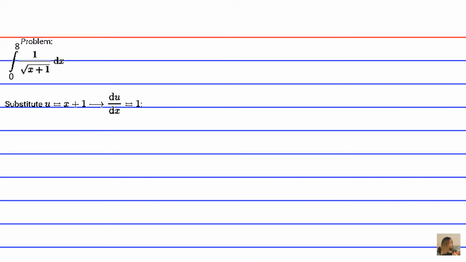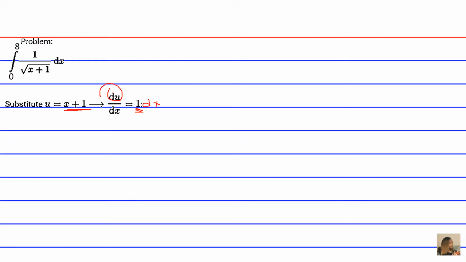So you substitute u, and you're going to let u equal x plus 1, okay? As well, you're going to let du equal 1 dx, or du dx can be equivalent to 1, okay?